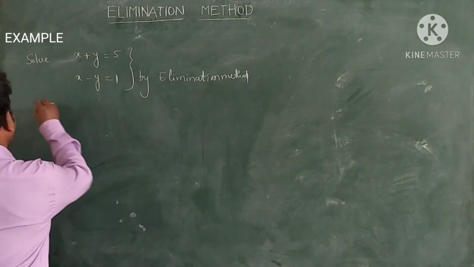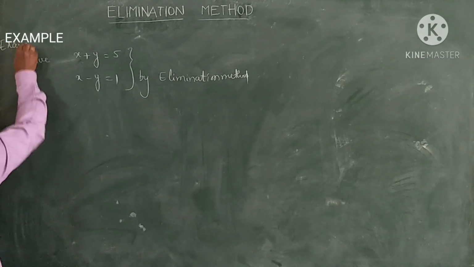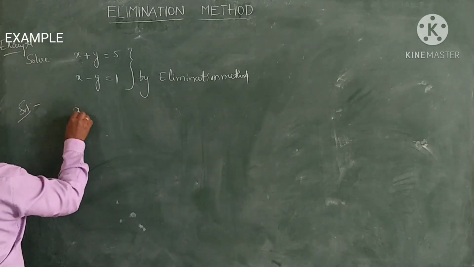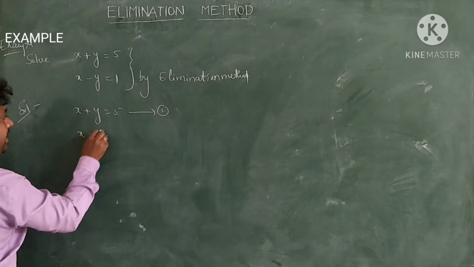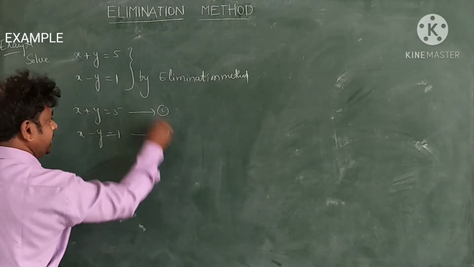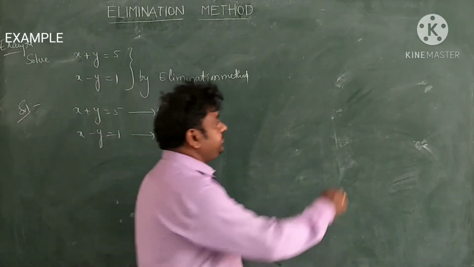Students, first of all, take x plus y is equal to 5 as equation 1, x minus y is equal to 1 as equation 2.